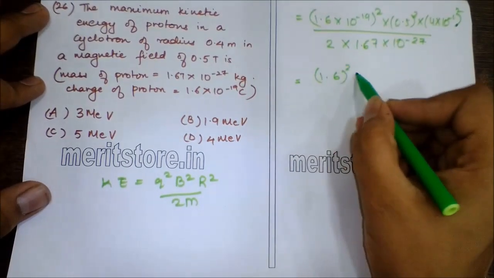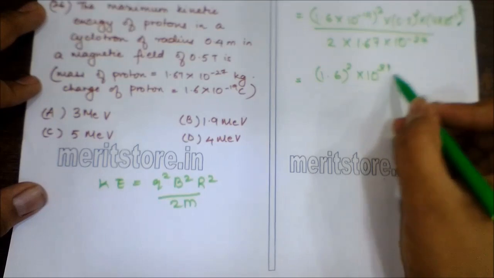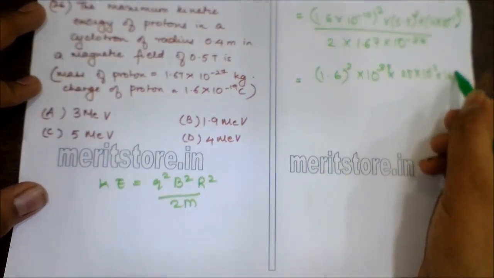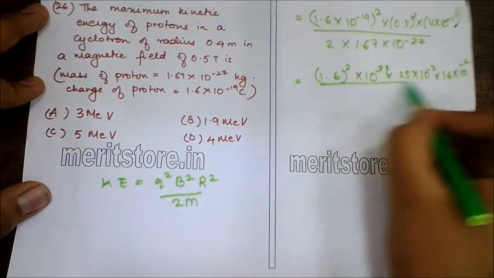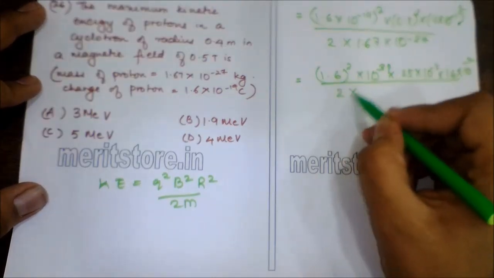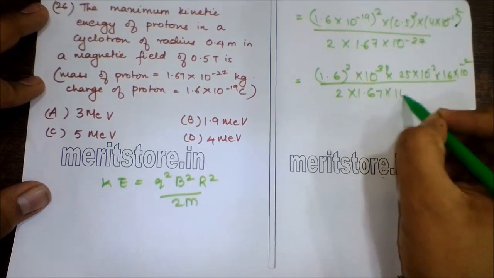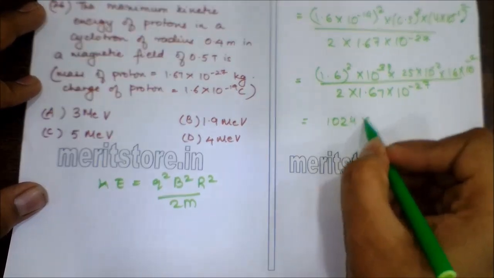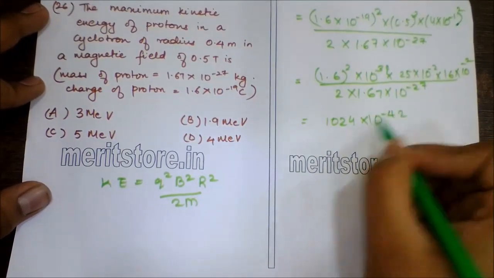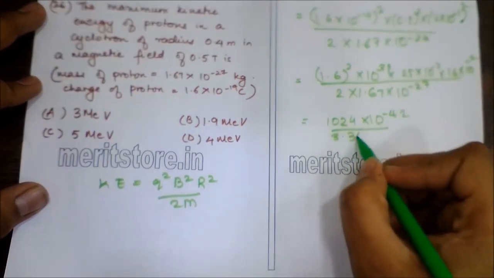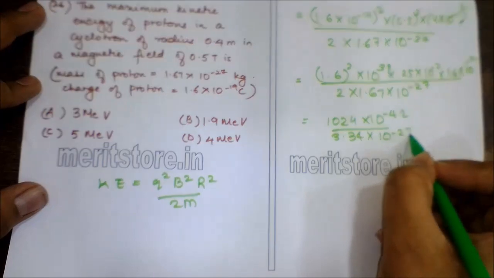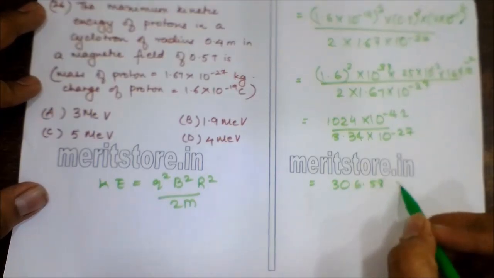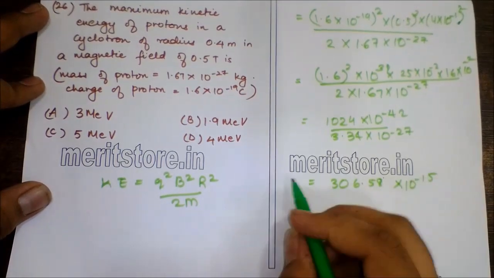1.6 the whole square into 10 raised to minus 38 into 25 into 10 raised to minus 2 into 16 into 10 raised to minus 2 upon 2 into 1.67 into 10 raised to minus 27, which is equal to 1024 into 10 raised to minus 42 upon 3.34 into 10 raised to minus 27. 306.58 into 10 raised to minus 15.